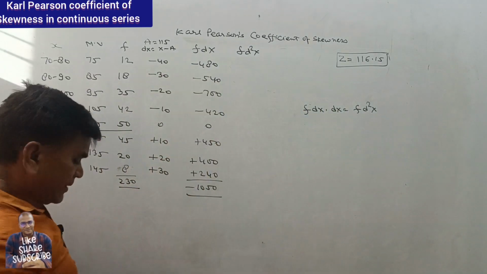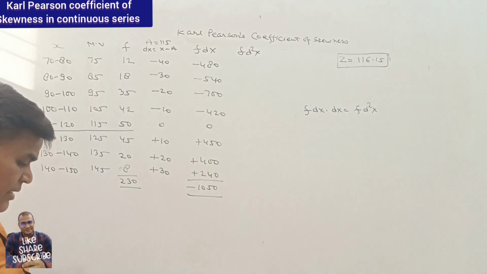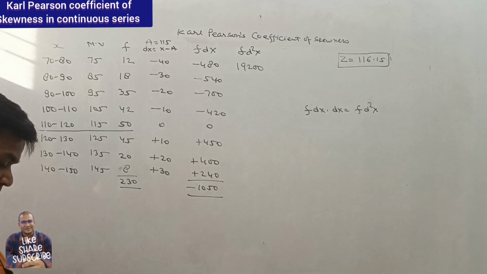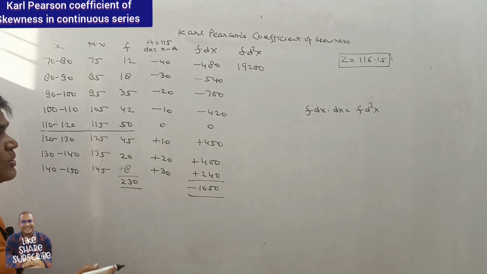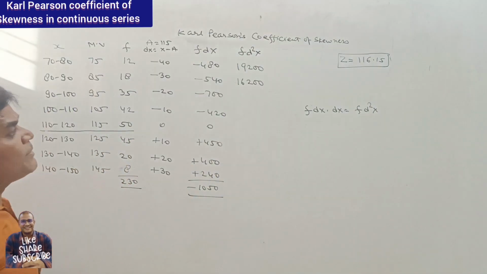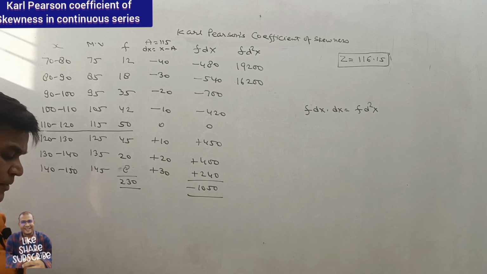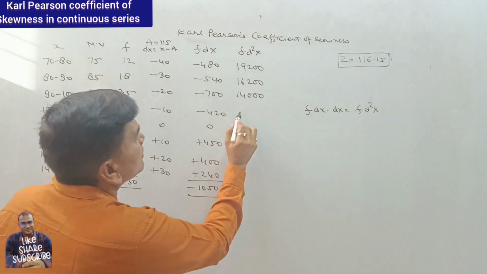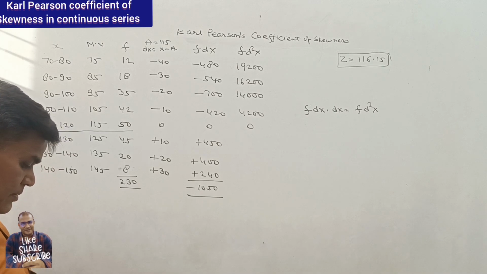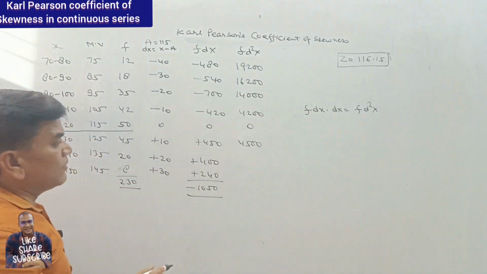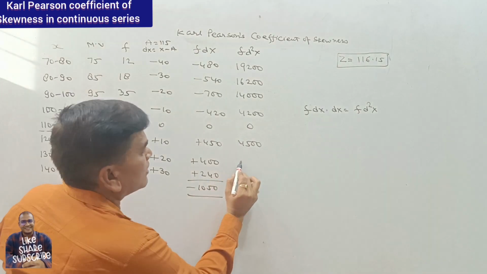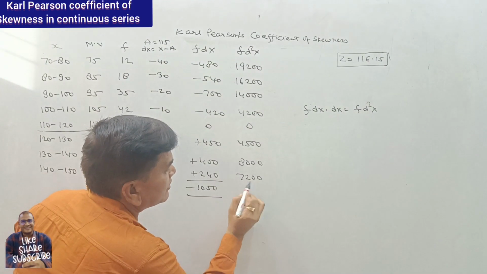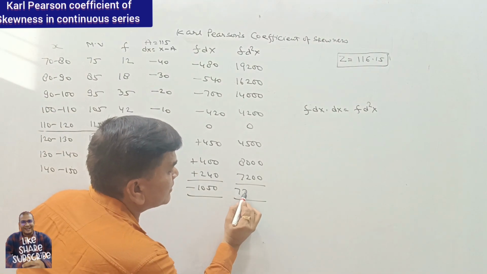So 40 multiplied by 480 is 19200. 30 multiplied by 540 is 16200. 20 multiplied by 700 is 14,000. Then 4200, 4500, 8,000. 240 multiplied by 30 is 7,200. So the addition of all these is 73300.